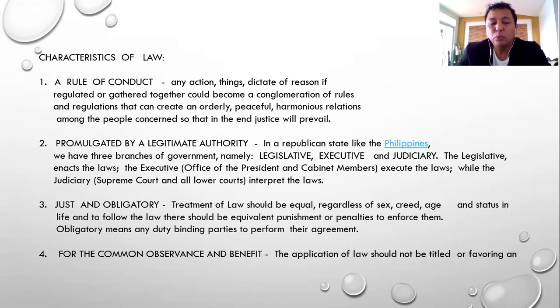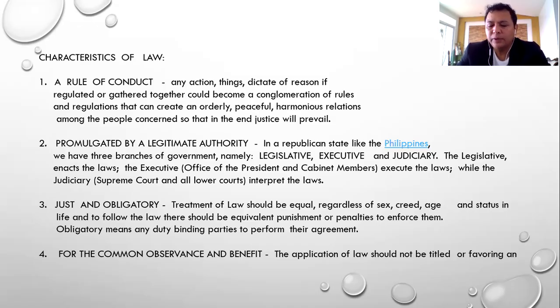In everything that we do, in every action, it is dictated by reason to be regulated. For example, driving a vehicle or motorcycle. That's an action which is regulated by law. A law requires you to have a license before you can operate a vehicle.